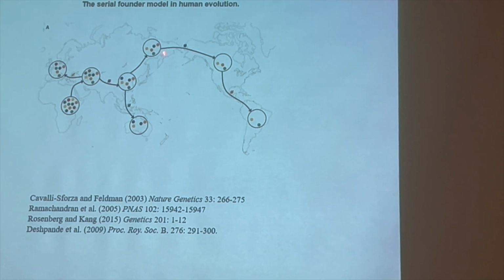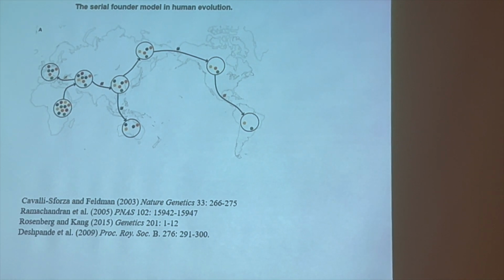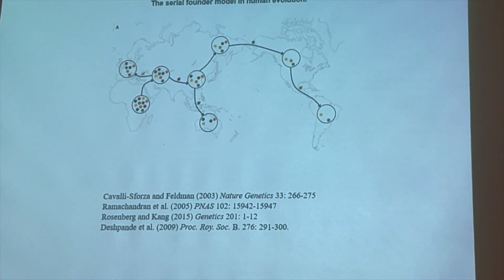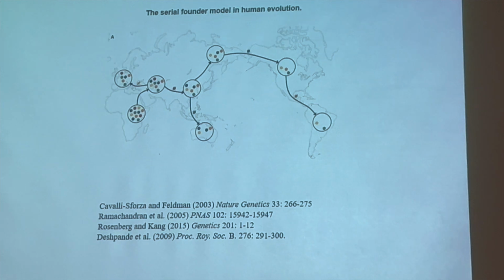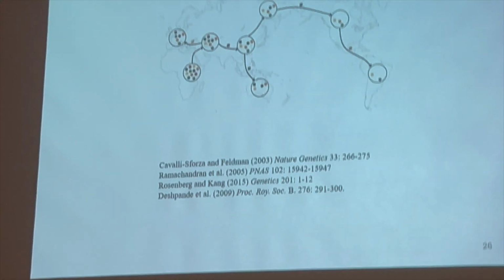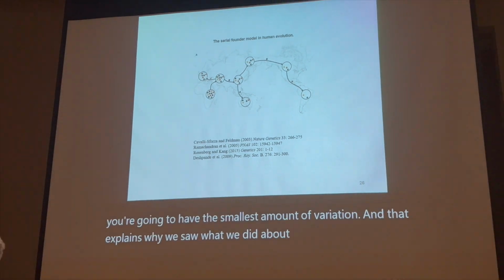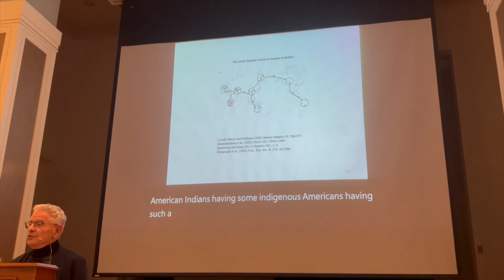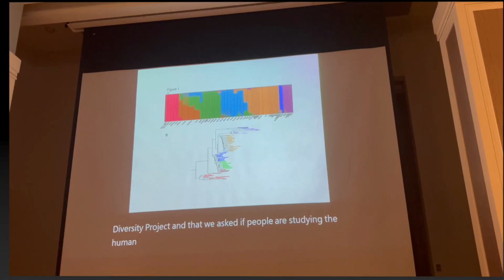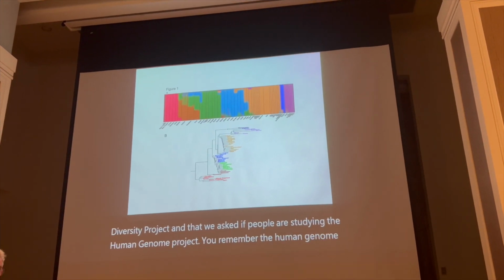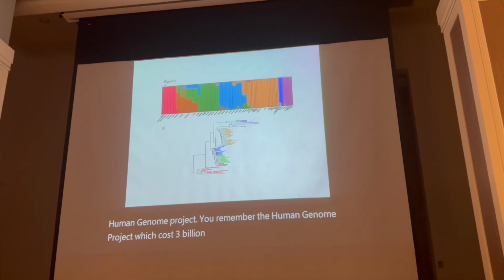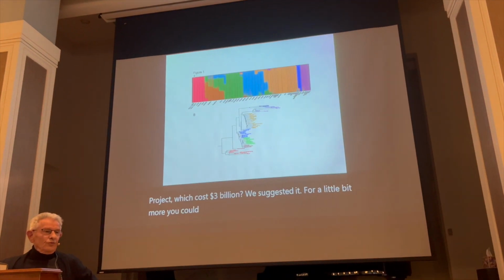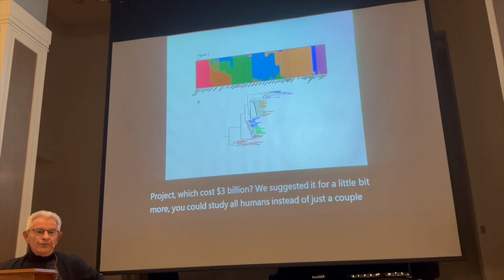And finally, when you get to the Americas, you're going to have the smallest amount of variation. And that explains why we saw what we did about the dots, with the American Indians, indigenous Americans, having such a high homozygosity. Remember the Human Genome Project, which got $3 billion. We suggested that for a little bit more, you could study all the humans instead of just a couple of Americans.